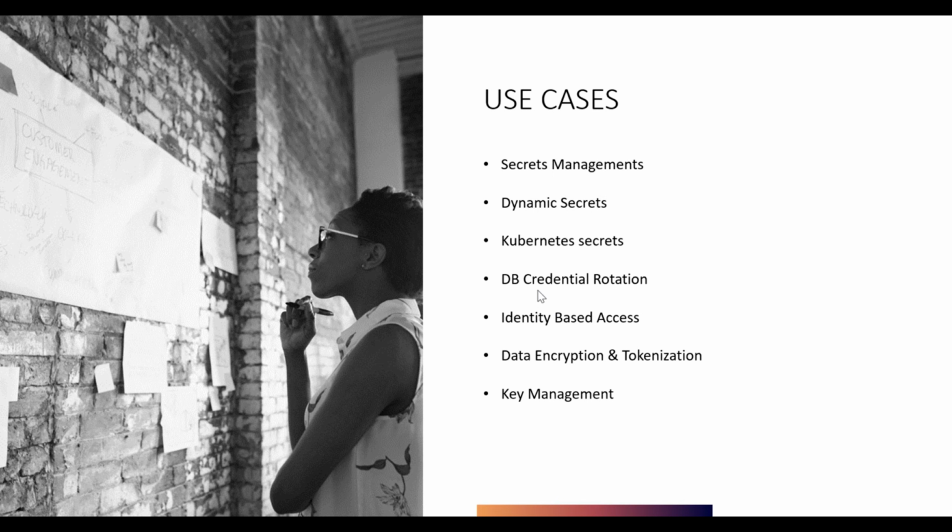So what exactly the Vault does: if you configure the Vault with the AWS, each and every time that developer logs in, the access key and secret key get rotated. It means that each time the developer will have a new access key and secret key, and all these things happen automatically. There is no manual need. You don't need to go and manually generate the access key and secret key. That is the concept of identity based access.